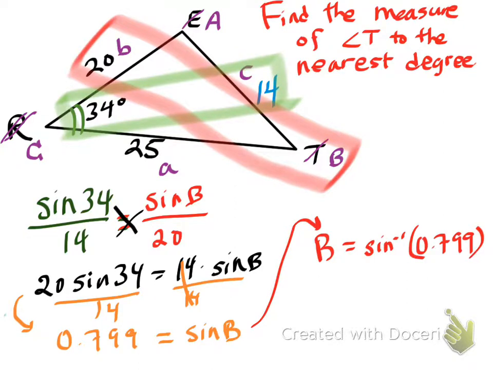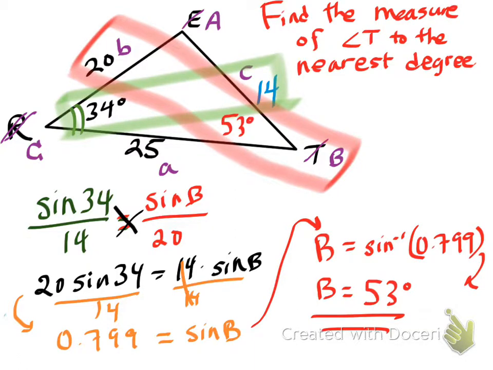So everything has inverted from the last orange step there. So this is something I can also type in the calculator, keeping in mind I can use the exact value because it's still waiting. Inverse sine of that previous answer will give me a measurement for angle B of 53 degrees. So angle B is 53 degrees.